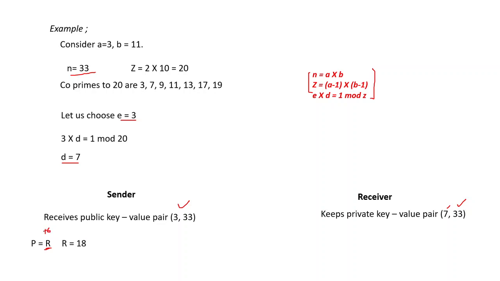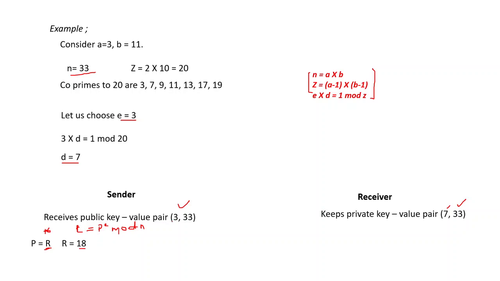That makes R equal to 18. Now, as you know, C equals P to the power E mod N. So here your value of P is 18 and this value of E is 3.